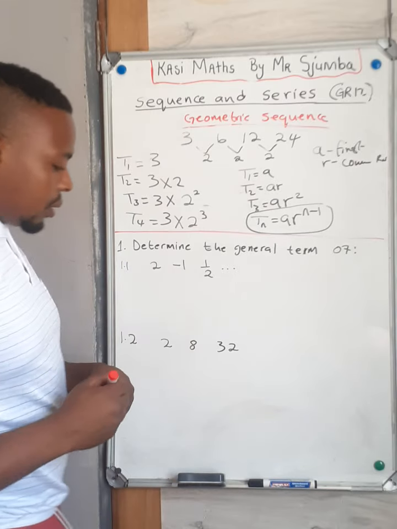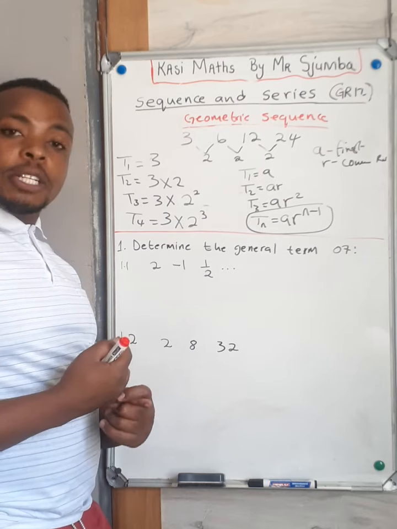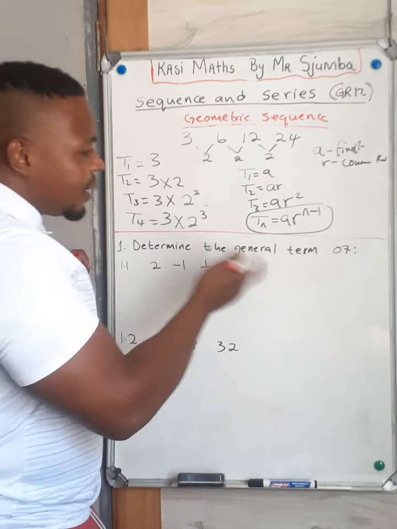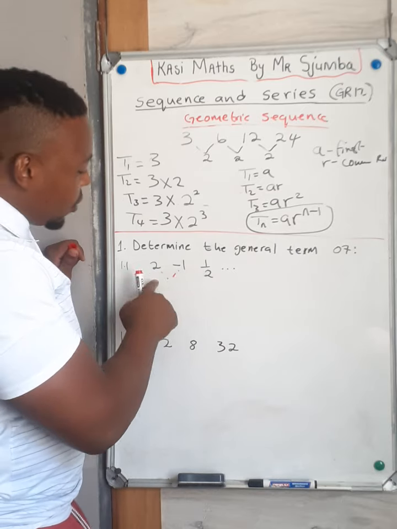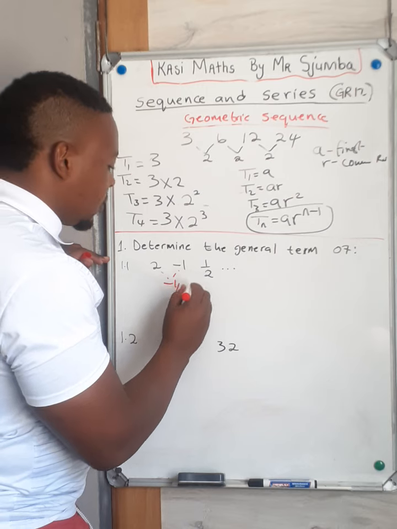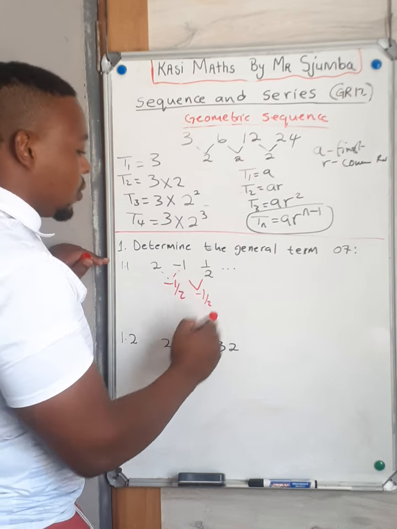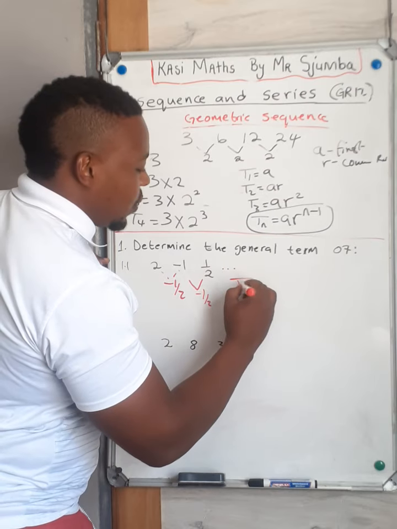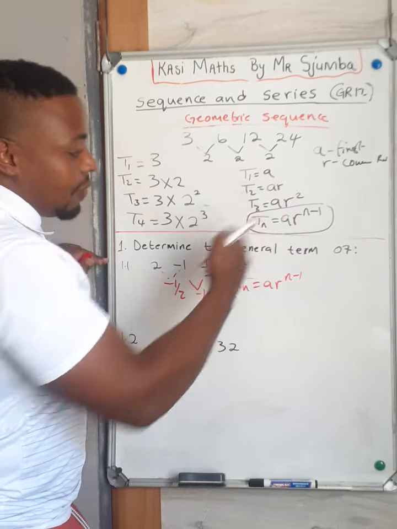Okay, let's get on to it. First things first, we look for the common ratio, and since this is geometric, we divide to get the common ratio. Minus 1 divided by 2 is minus 1 over 2. Half divided by minus 1 is minus 1 over 2. So this means that Tn is equal to AR^(n-1). This is the formula.